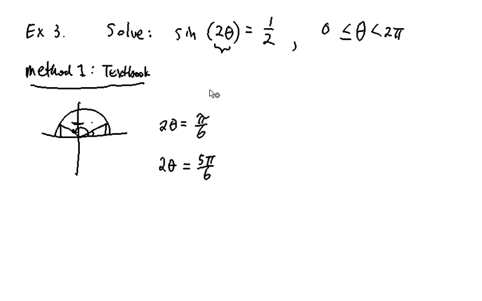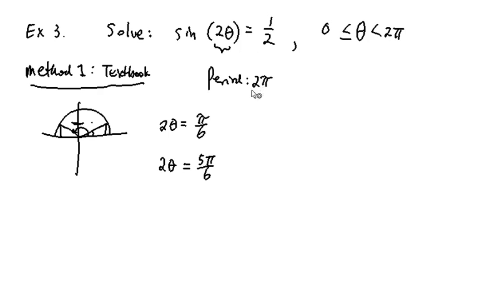But the period, here's where it gets a little bit interesting. The period of this sine of 2 theta is now what? Instead of 2 pi, the period is pi.